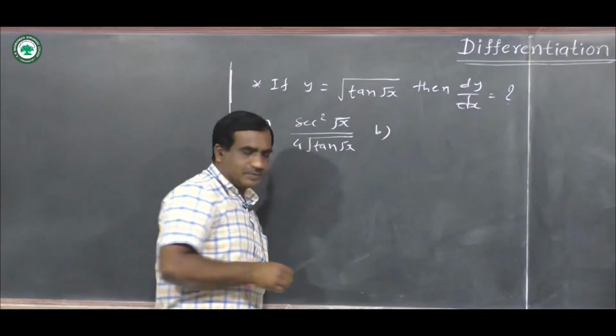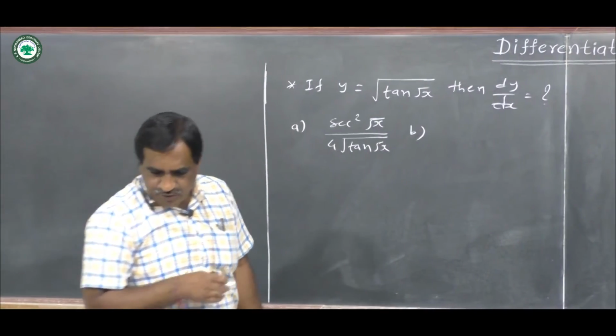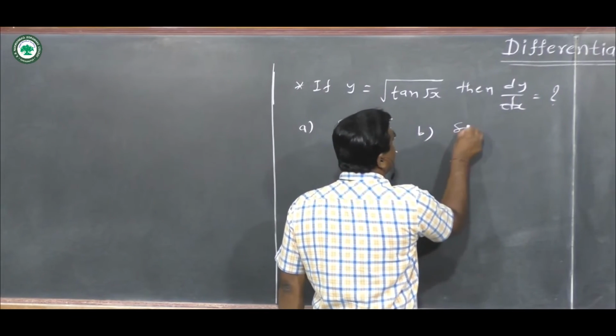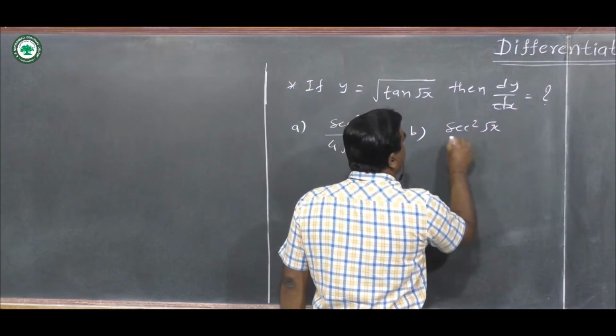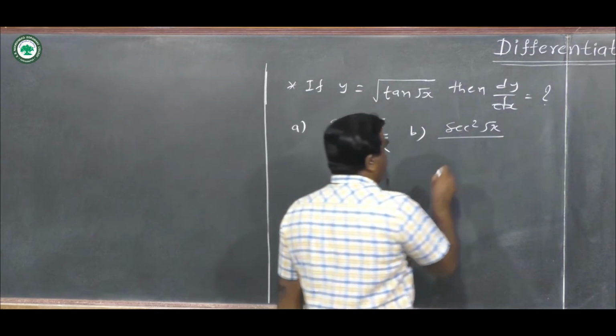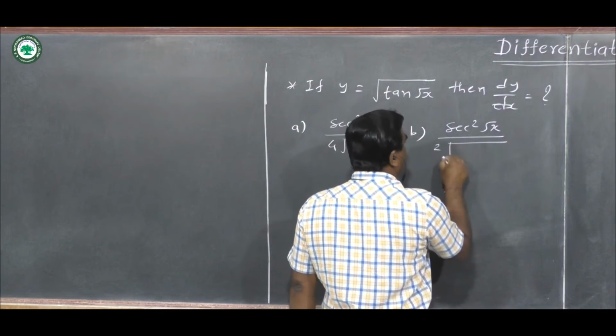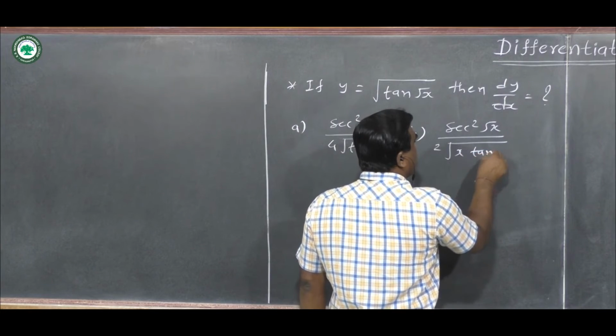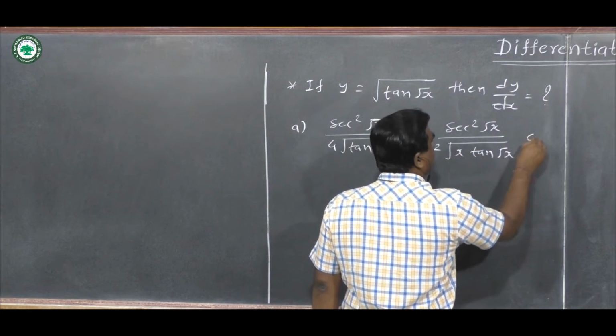Option B: sec square of root x upon 2 into under root x into tan of under root x.